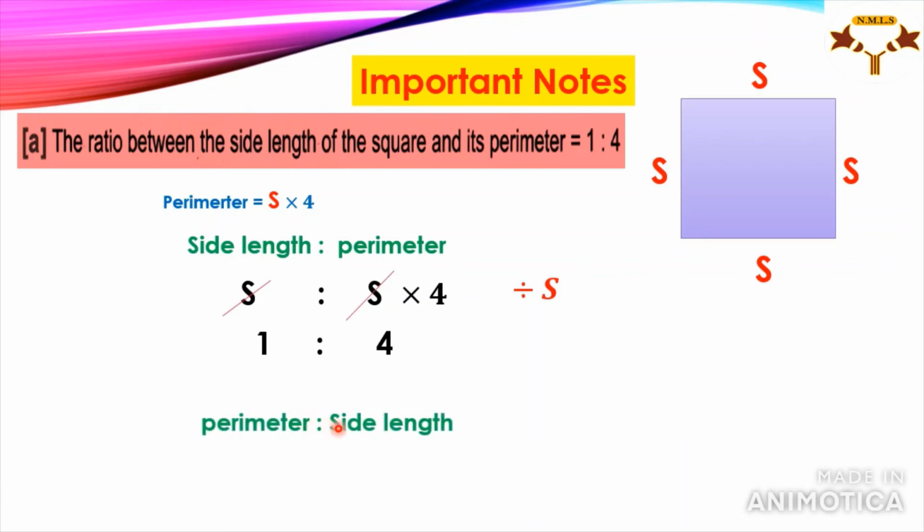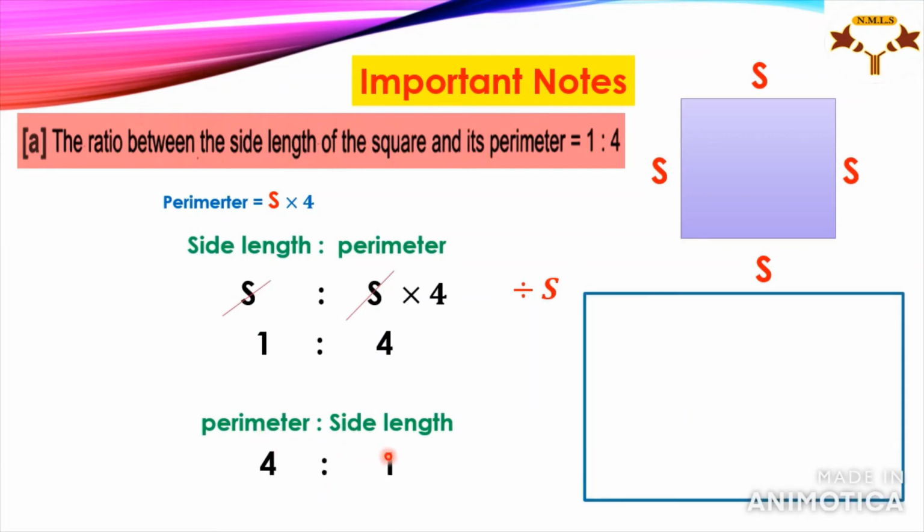What about the opposite ratio? Perimeter to side length equals 4 to 1. Let's see an example, because I said it is a fixed ratio. I will write the example here: a square of side length 3. So its perimeter will be 3 times 4 equals 12.